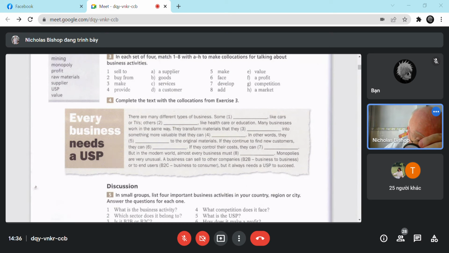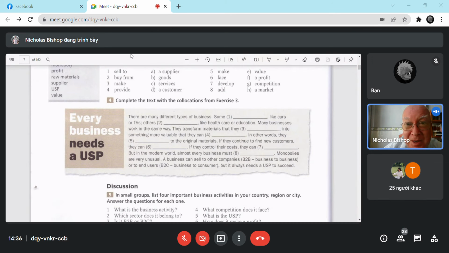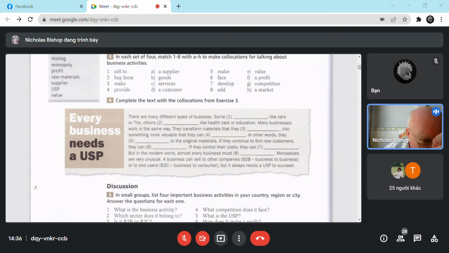Yeah, that fits a bit easier. Let's see if that will work. And then we need to go to the next one. In other words, they blah blah to the original materials. If they continue to find new customers, they can blah blah. 5 and 6.